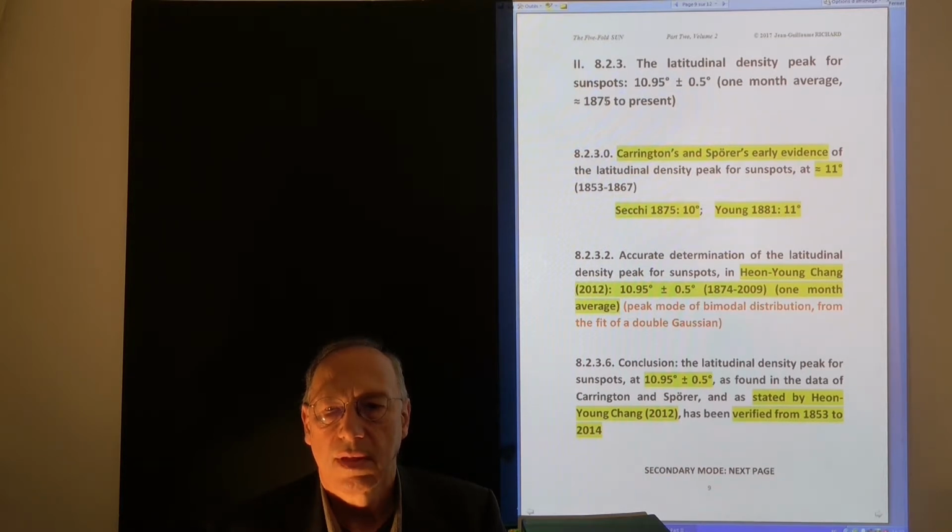Secchi was the leading astronomer of his time. His book, Le Soleil in French, was the main textbook on the Sun in Europe. And Young, who had several editions of his textbook, The Sun, published after 1881, explicitly found this result, but it was forgotten.